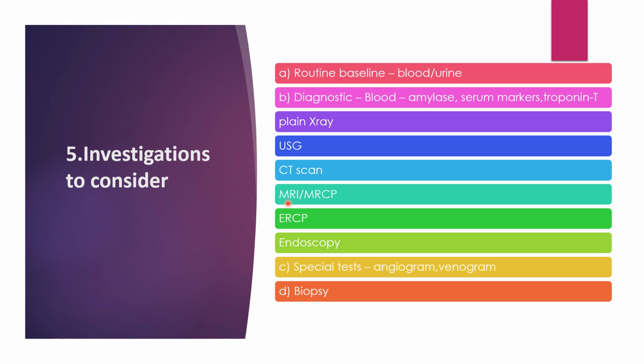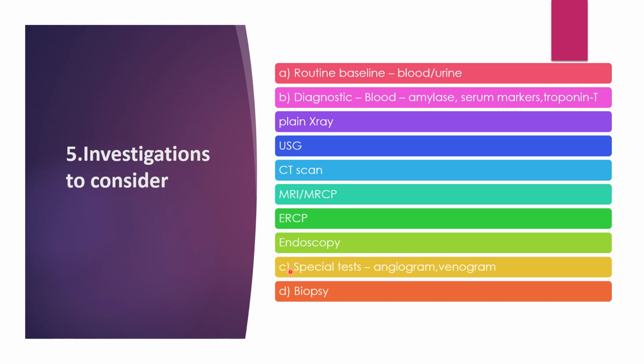Subsequently, you can go on to do MRI and MRCP in surgery. And the other important examination is ERCP. This is for jaundice patients, especially obstructive jaundice. Another commonly used investigation is endoscopy, upper and lower GI endoscopy, OGDS and colonoscopy.